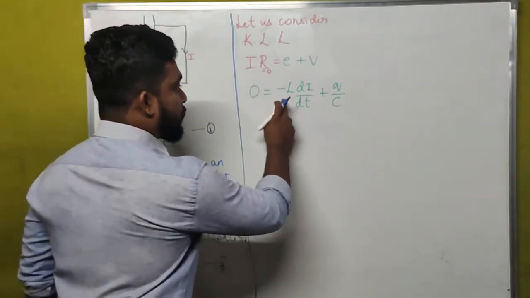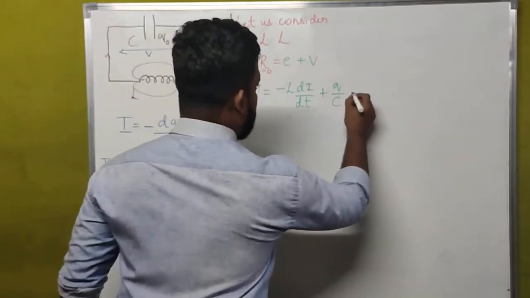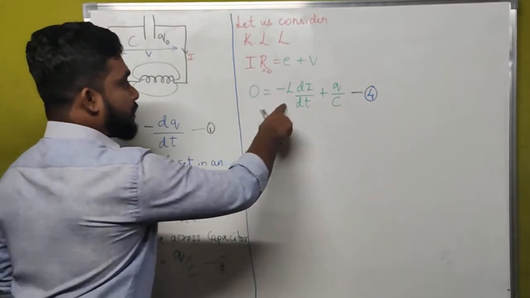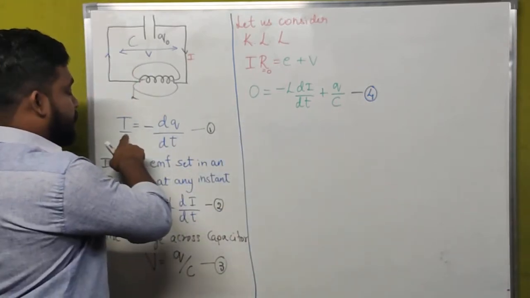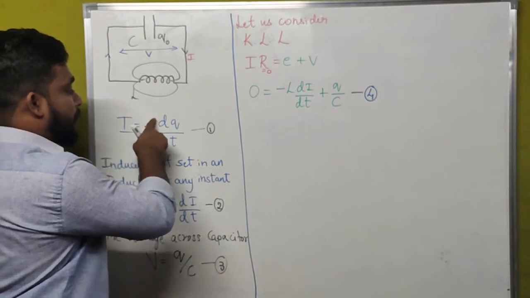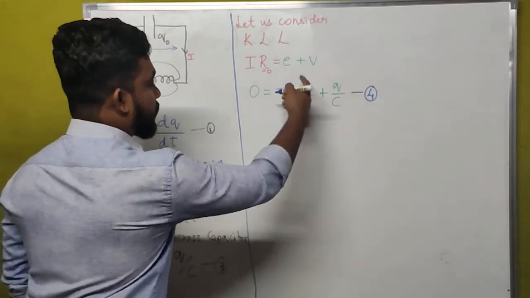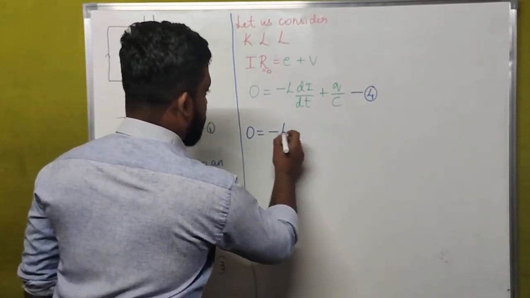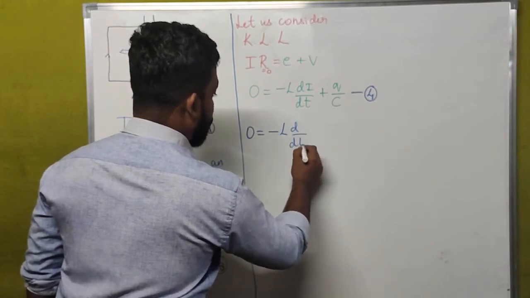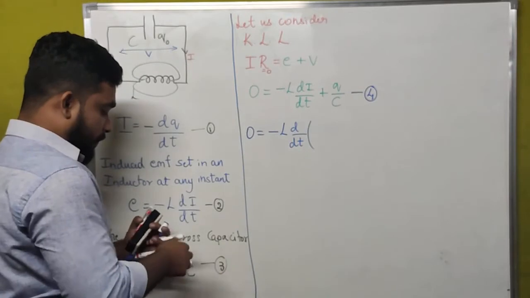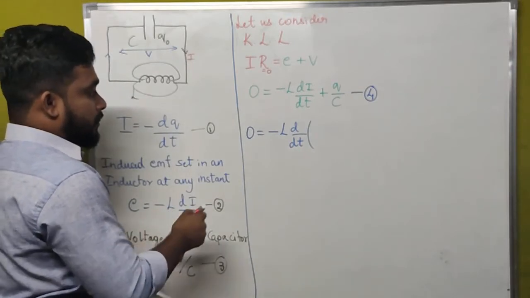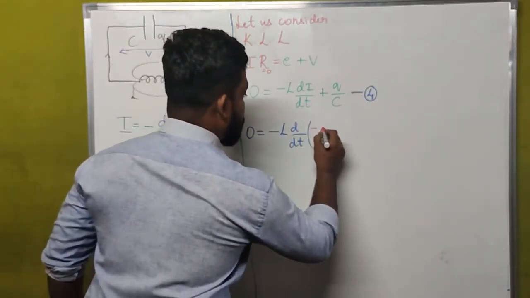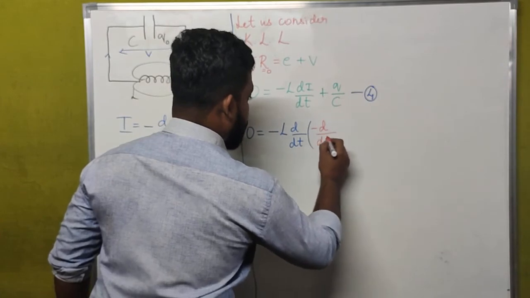That's why what we have to do is, let us assume this as equation 4. Substitute the value of equation 1 in equation 4. If we substitute the value of I as minus dq divided by dt here, then what we will get is 0 equals minus L into d by dt of the value of I, that is, I equals minus d by dt of q.